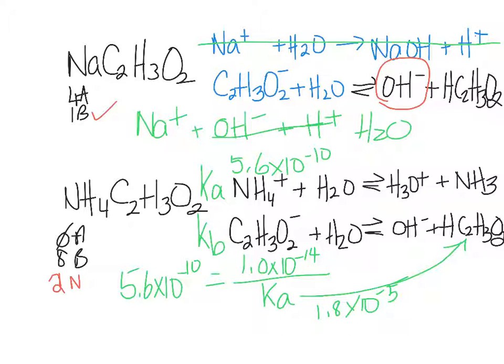Because your Ka and your Kb are the exact same strength, it's neutral. If your Ka was larger, it means the acid is stronger than the base, so it would be acidic. If your Kb was stronger than your Ka, it would be basic. If you get the exact same value, it's pH of 7.